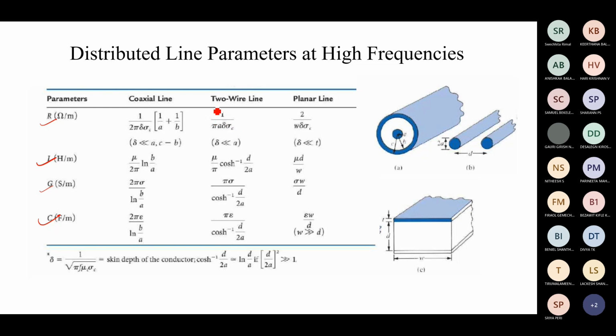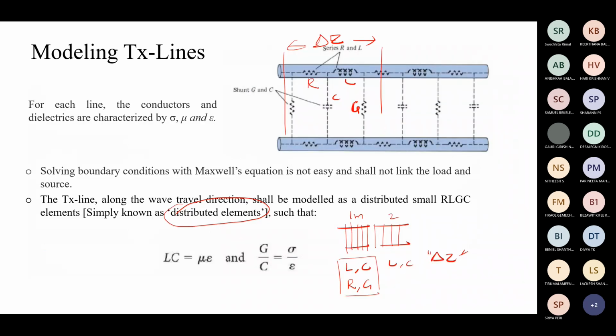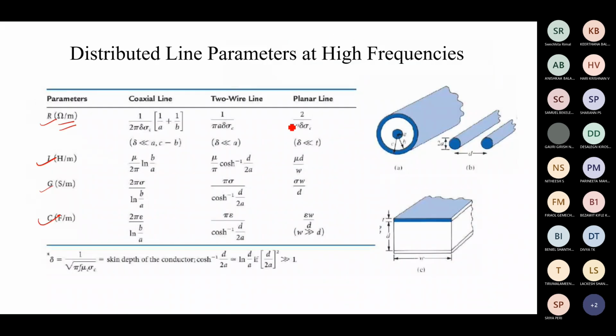So here it is given with all the values. These values are given in terms of ohm per meter or Henry per meter, like that. They actually depend highly on the distance over which the wave travels. This is how it is represented, and these are called the secondary parameters of the transmission lines. Primary parameters, of course, are nothing but alpha, beta, and gamma, like that.